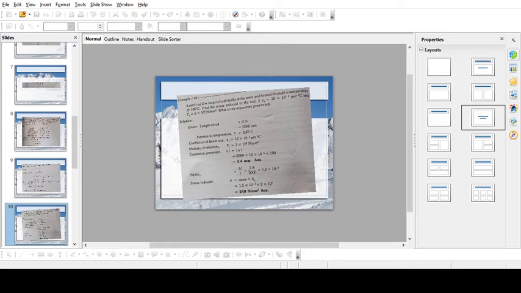A steel bar of 6 into 10 to the power of 3 mm square cross sectional area is rigidly fixed with a copper bar of 4 into 10 to the power of 3 mm square sectional area. Both the bars are of 1.5 meters length. Calculate the stress in the steel and copper if the compound bar is heated from 15 degrees centigrade to 215 degrees centigrade.